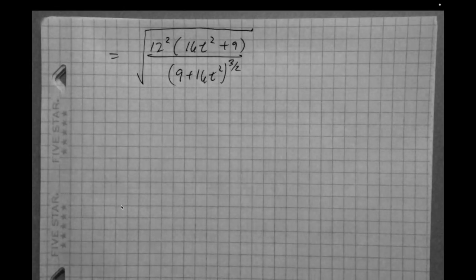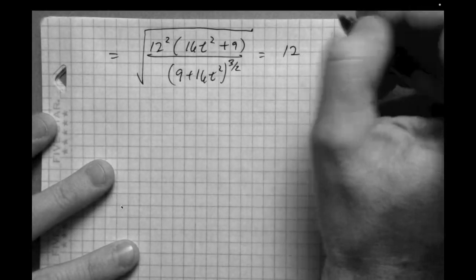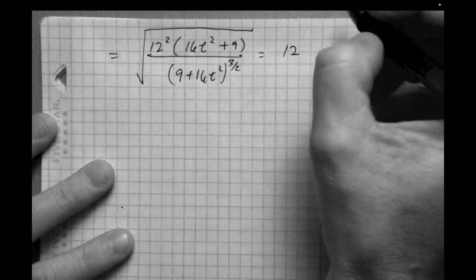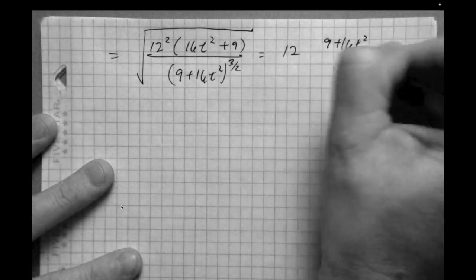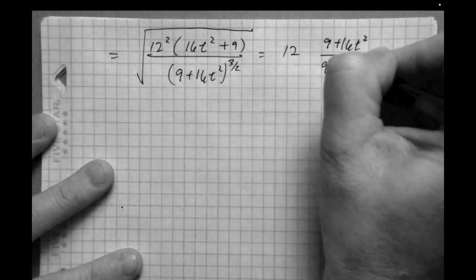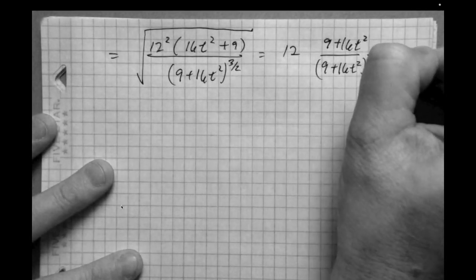And so this simplifies down pretty nicely, doesn't it? Pull the 12 out, and what do we have here? We're going to have 9 plus 16t squared on the top, and 9 plus 16t squared to the 3/2 power on the bottom.